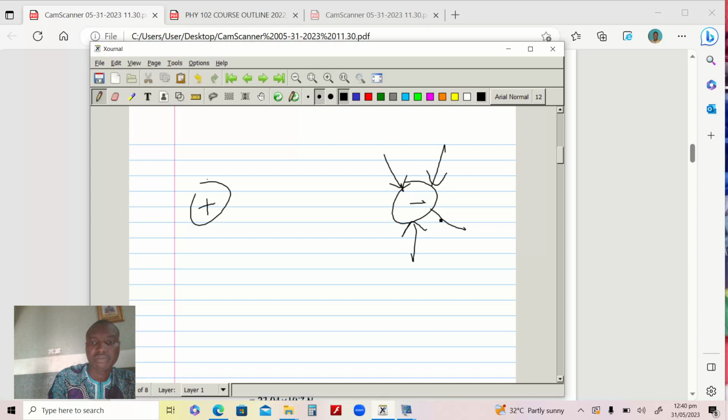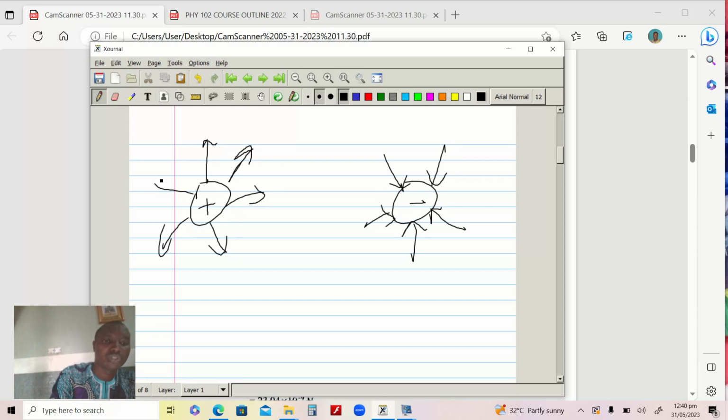The lines are moving away from the plus. So you must take note of that, because that could be an objective question telling you the direction of the line of force on a body.